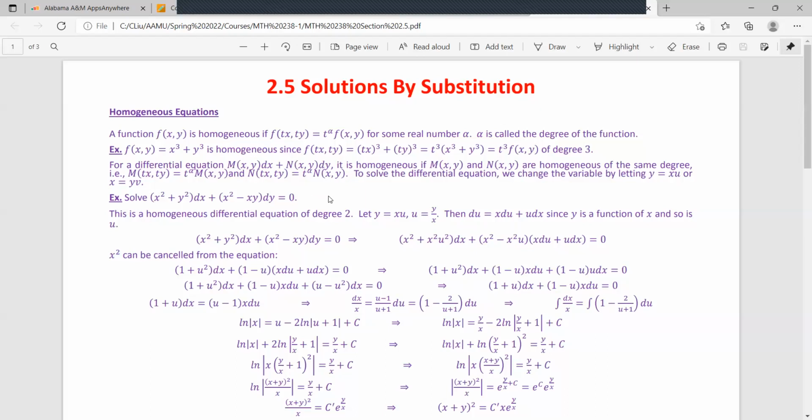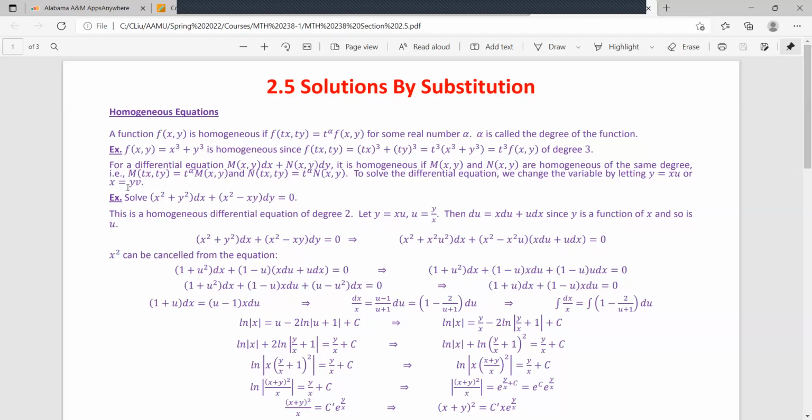Okay, for those types of equations, we have a special scheme or strategy for substitution. Namely, we use the substitution y equal to x times u, or x equal to y times v.